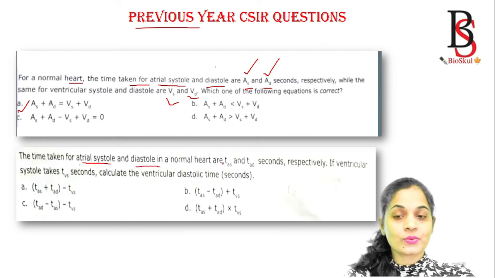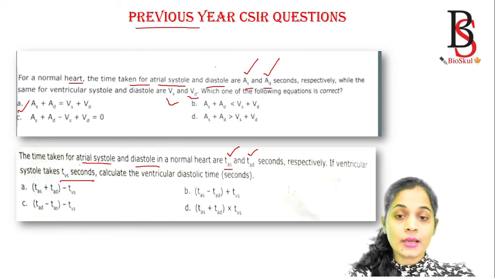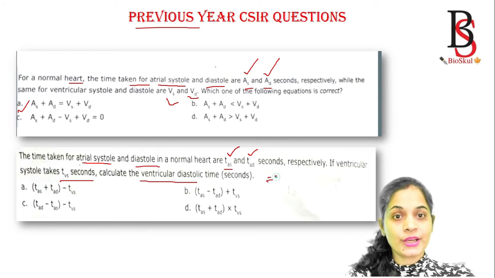So let's see the next one. The time taken for arterial systole and diastole in a normal heart rate is TAS, the arterial systole, and TAD, the arterial diastole. If ventricular systole takes TVS seconds, then calculate the ventricular diastolic time. So what is the formula? AS plus AD equals VS plus VD.